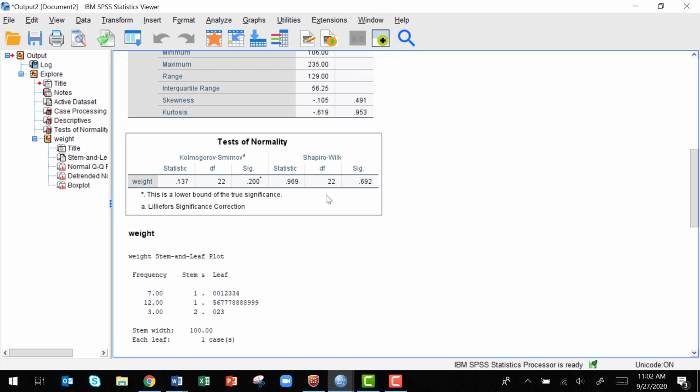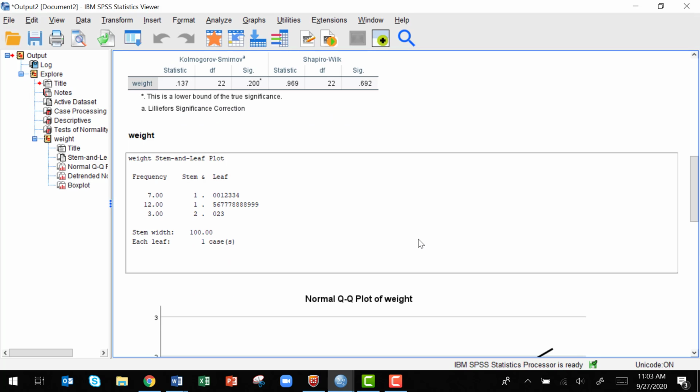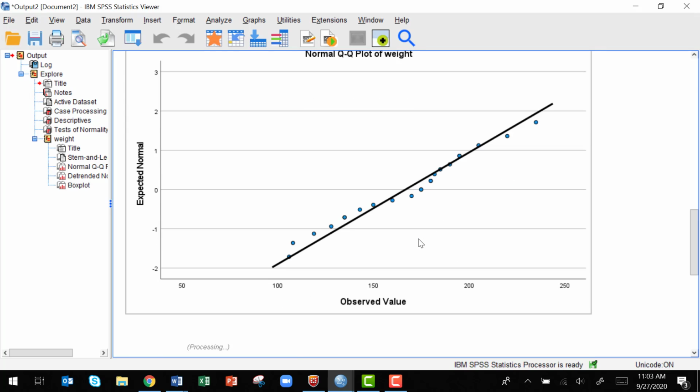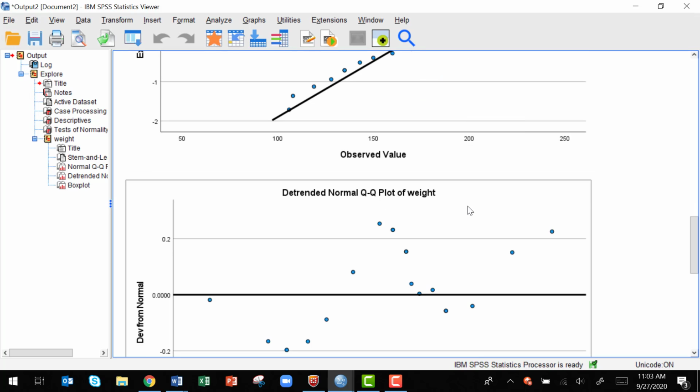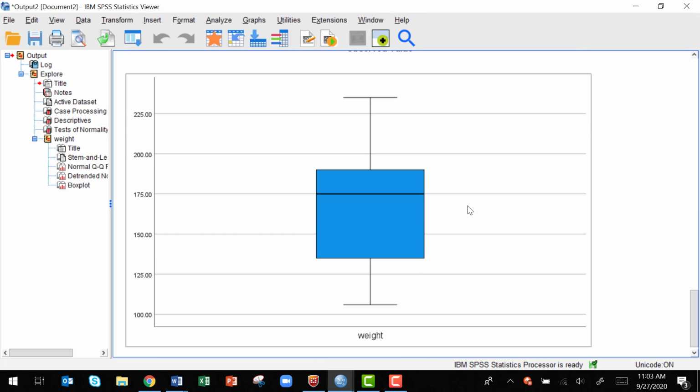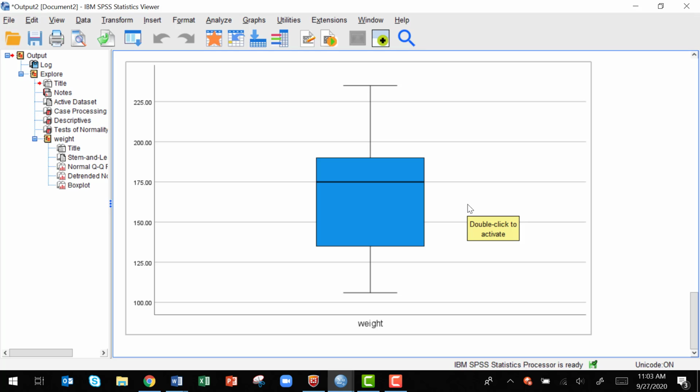So my data is normal, and for my Shapiro-Wilk, my sigma is 0.692, also greater than 0.05, so my data is normal. And here on my QQ plot, I can see that I have dots about half on both sides of the line. Again, another indication of normalcy. Here's my box plot. Okay.